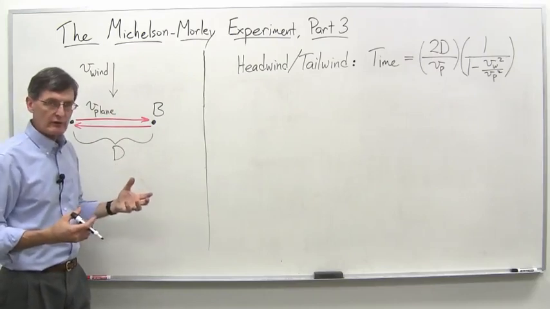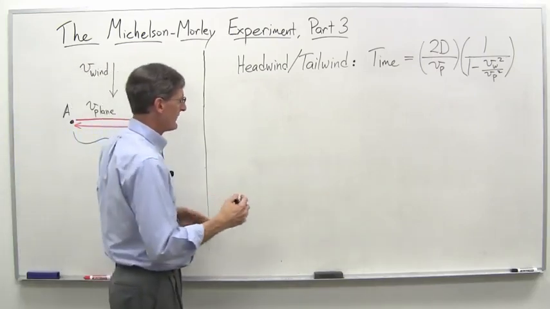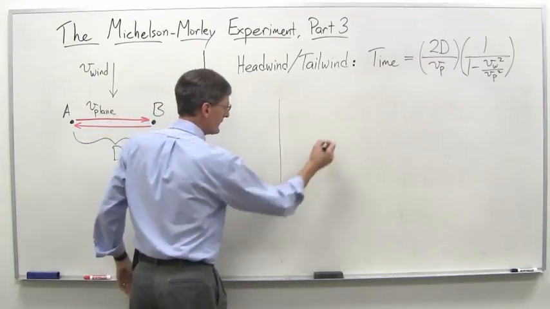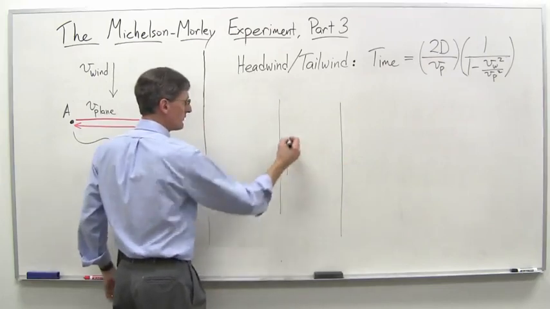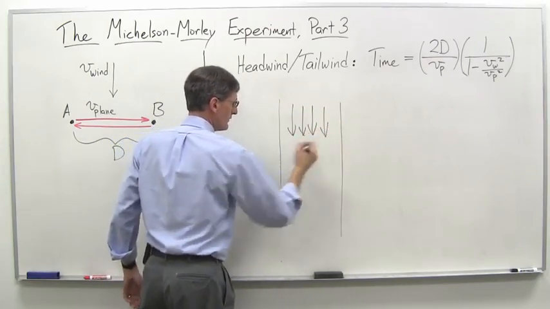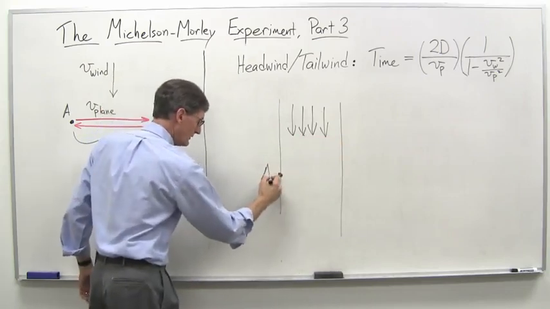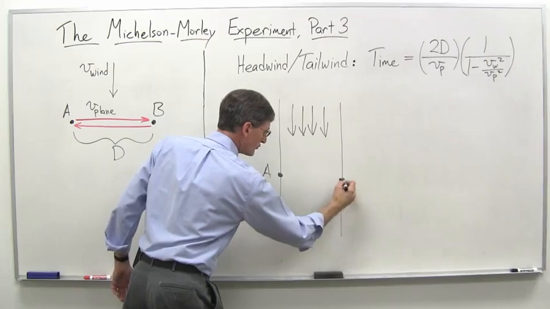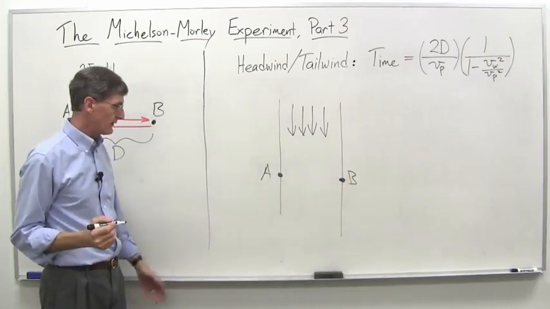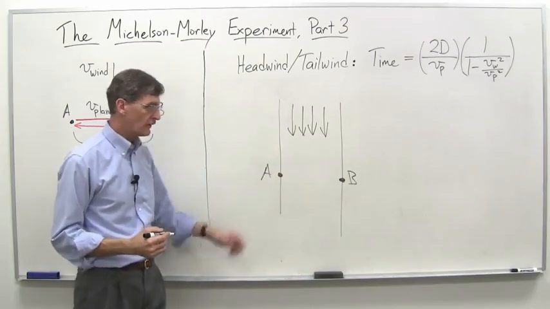What's the analogy we want to use here, for a more intuitive idea of this? And that is, think about swimming across a river. Here is the river, there's the current flowing in the river, and let's say I'm at point A here, and I want to swim directly across to point B, and we'll say there's a distance d from A to B directly across.